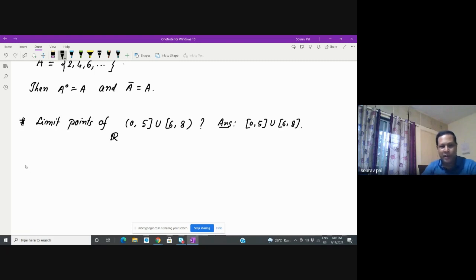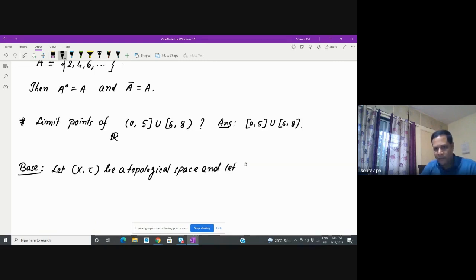Now we are going to define a base for a topology. Again, this is an important concept. Let this be a topological space, and let you have a subcollection B from tau. So B is a subset of tau.